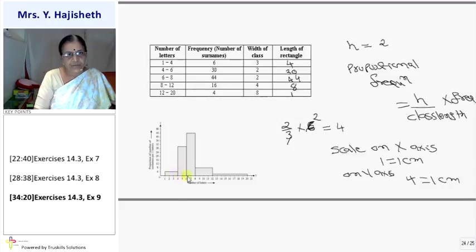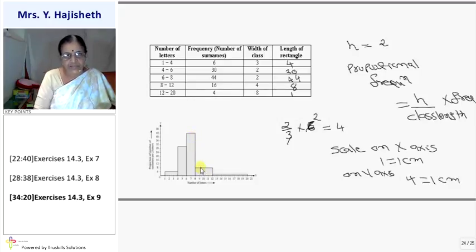Second में width 2 centimeter and height is how much? 4 is 1 centimeter. तो ये तो 30 है. 7.5 centimeter. Then third is width 2 centimeter and height is 44, मतलब 11 centimeter. Okay. Clear?